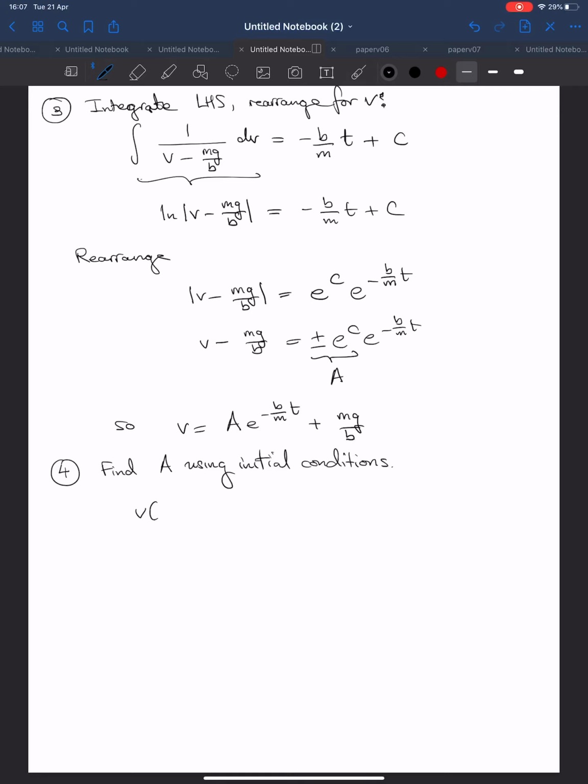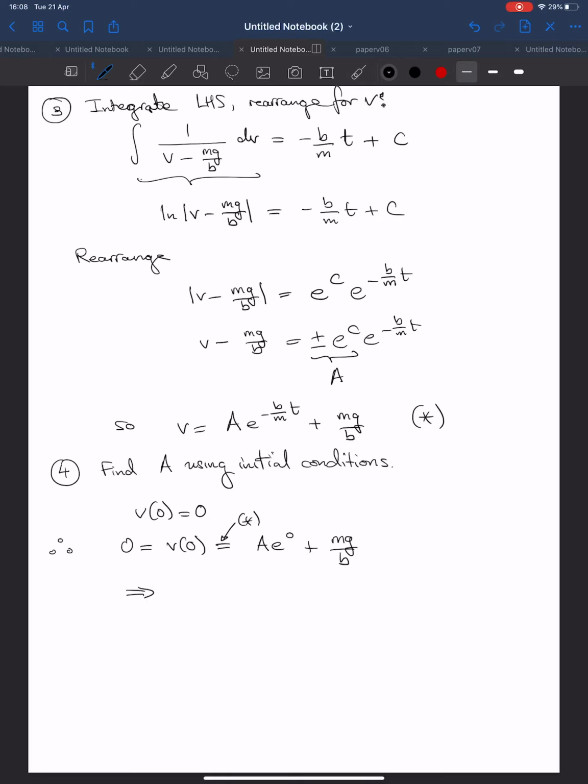So v of 0 equals 0. That was our initial condition. So using this, I have, therefore, this as a result of our initial condition. Then if we plug in star, what we have is A e to the 0, which is just 1, plus mg over b.